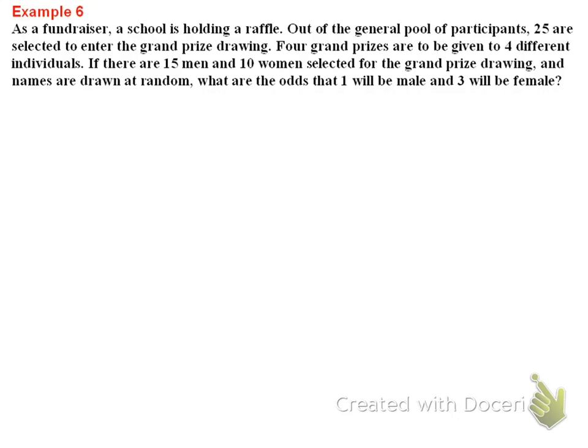Okay. Taking a look at this, let's first find out the number of ways that we could have 1 male and 3 females. For that we'll use the basic counting principle with combinations.